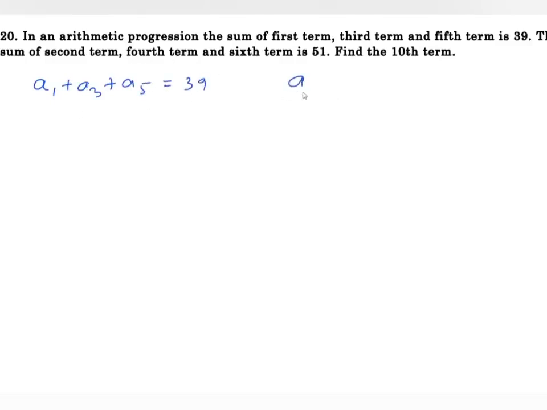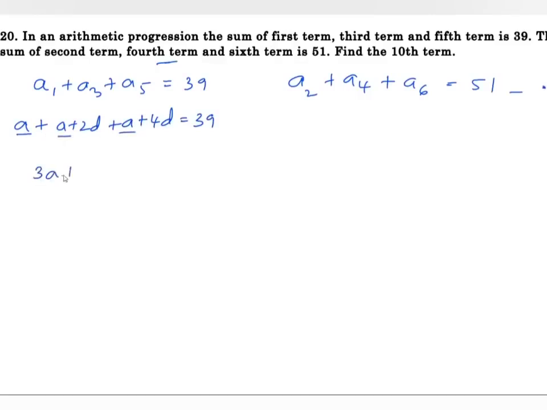The next condition is the second term plus fourth term plus sixth term, that is a2 plus a4 plus a6, equals 51. Now what is a1? a1 is a. What is a3? It is a plus 2d. What is a5? a plus 4d equals 39. Now a plus a plus a is 3a, plus 2d plus 4d is 6d, equals 39.